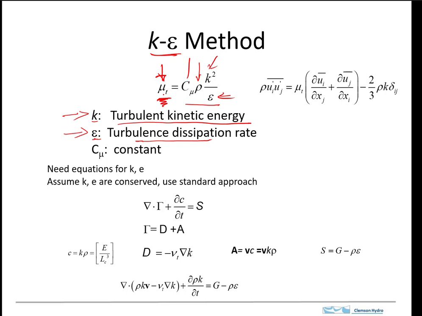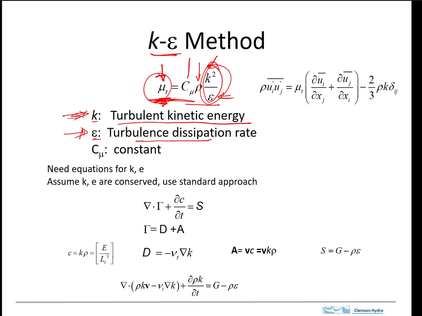What we've got to do now is come up with ways to deal with these two. On one hand, it seems like we get a way to solve for the eddy viscosity, but on the other hand, maybe it's a step back because now we've got two unknowns. We solved for this, but now we've got two more things that are unknown.